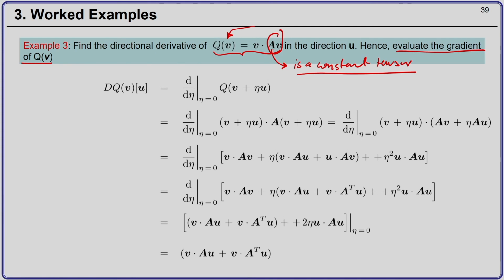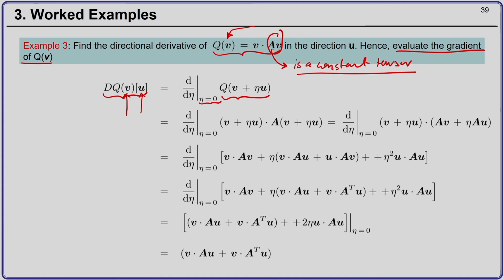Finally, we are also interested in evaluating the gradient of q. So, how do we calculate the gradient of q? The way to do it is, the directional derivative of q at v in the direction u will be d by d eta of q evaluated at v plus eta u, and then substituting eta equal to 0.